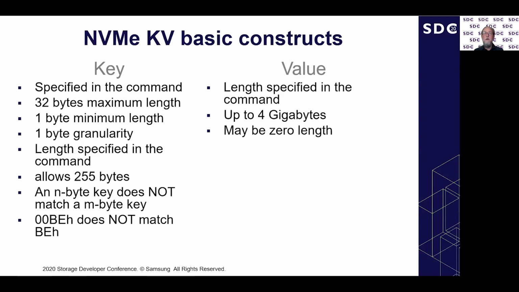There are several reasons why that could be useful. One of them is just as a flag, so a key value pair with a 0 length value could be a flag indicating something.